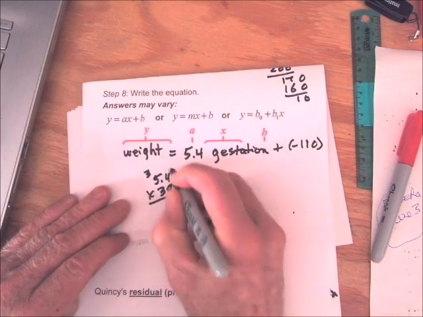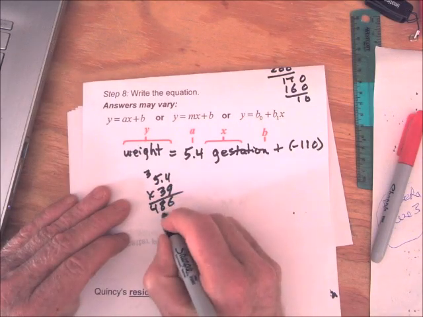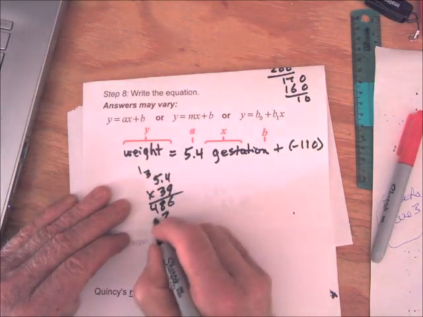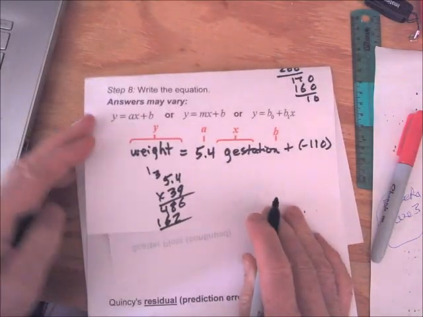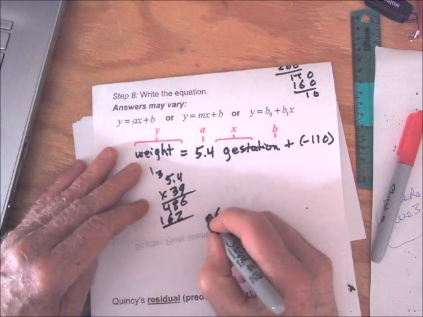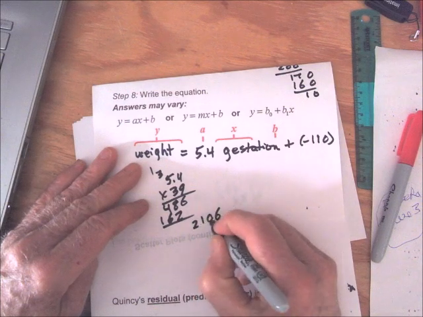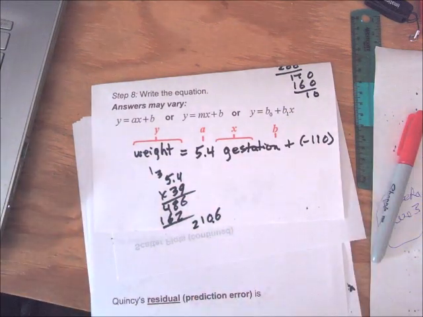6 times 9 is 54, 5 times 9 is 45, and so on; this comes out to 210.6.